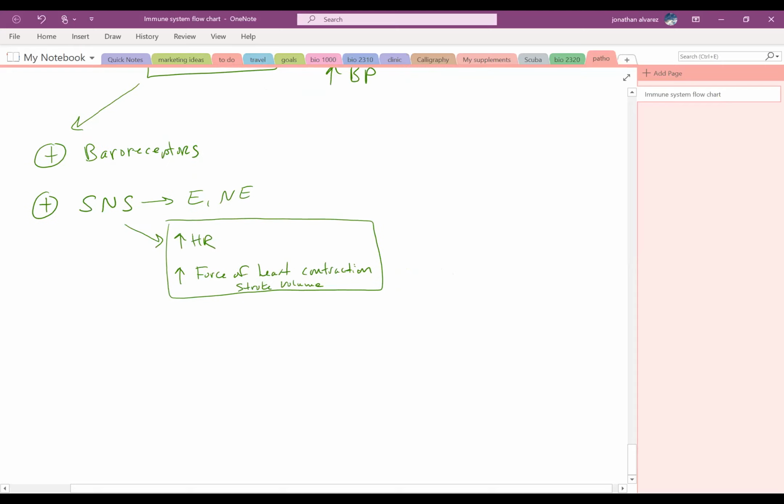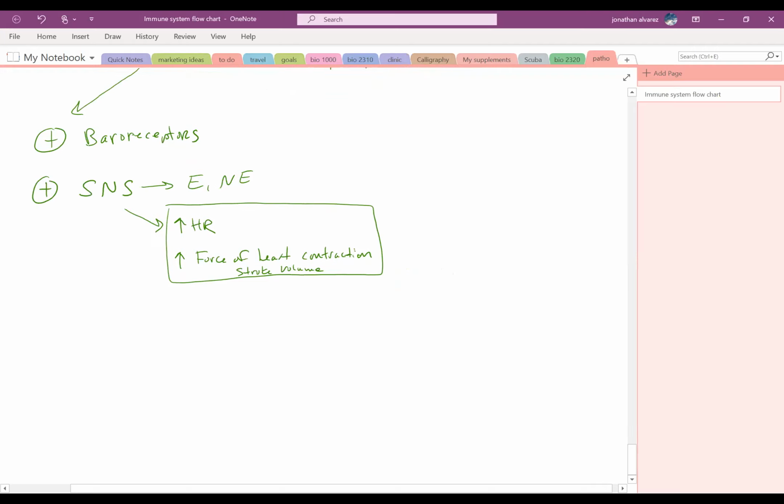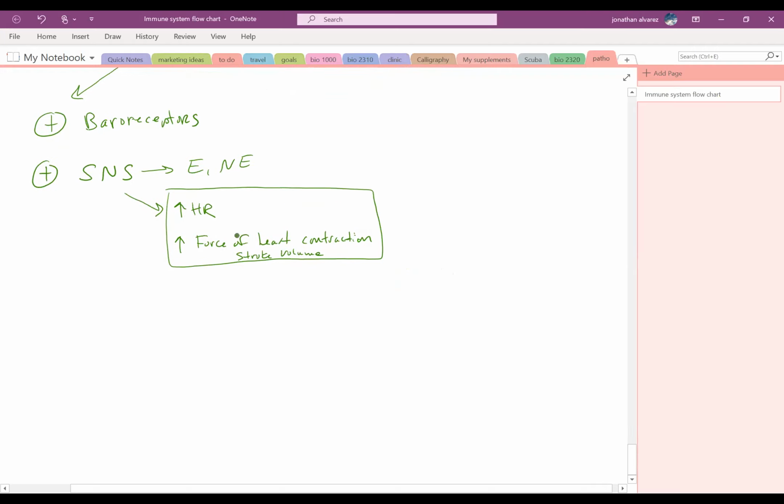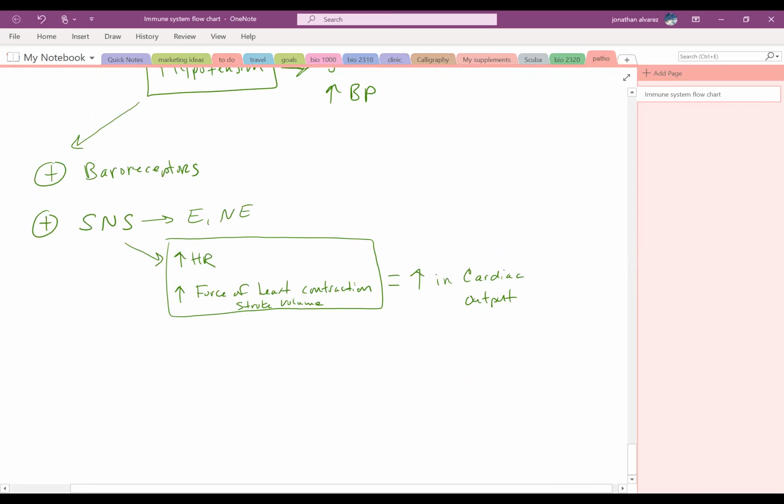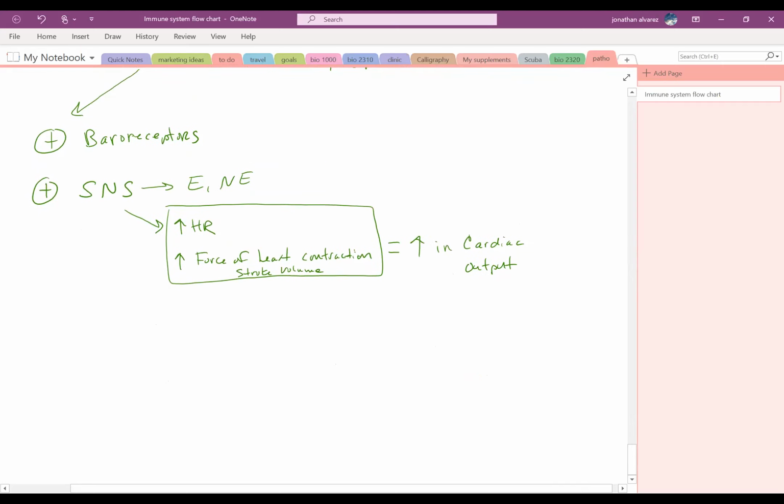So when you get increased heart rate, increased stroke volume, that creates an increase in cardiac output. Okay. When you increase in cardiac output, that can increase blood pressure.